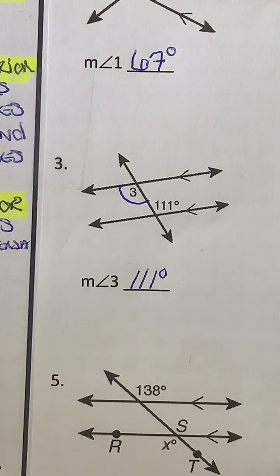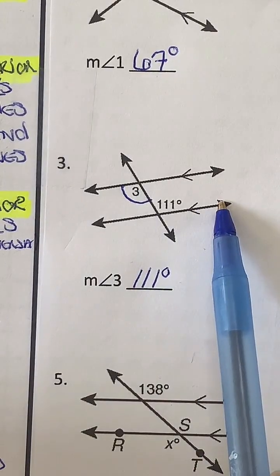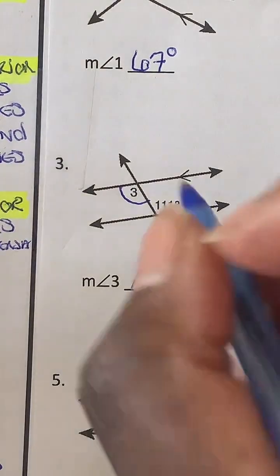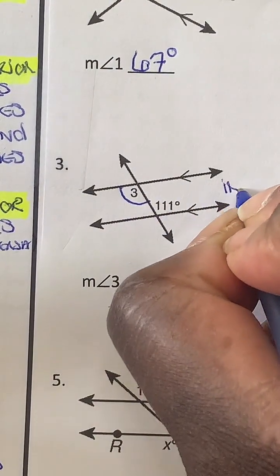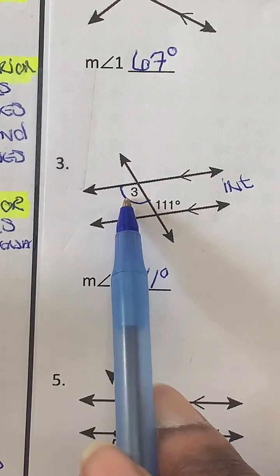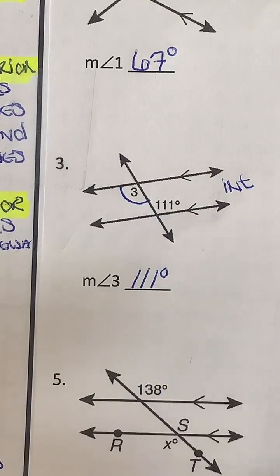So they're going to be called alternate interior. The lines that are here are parallel. But since it's in between the two parallel lines, that's your interior. And the reason why it's alternate is because one's on one side of the transversal and the other one is on the other side of the transversal.